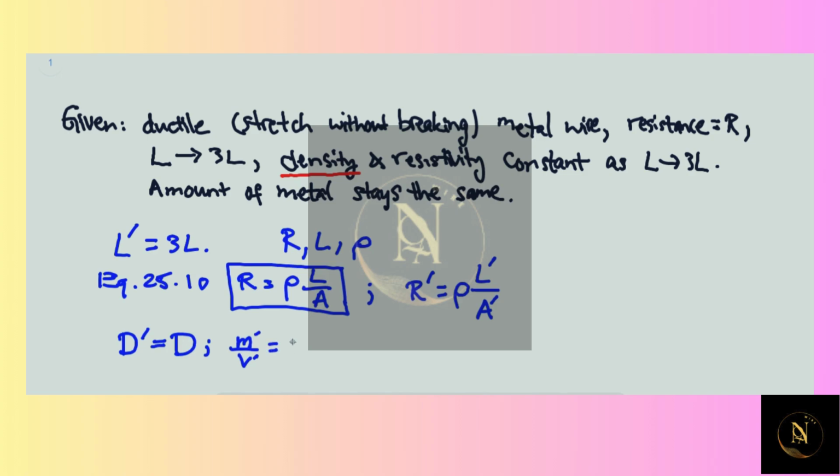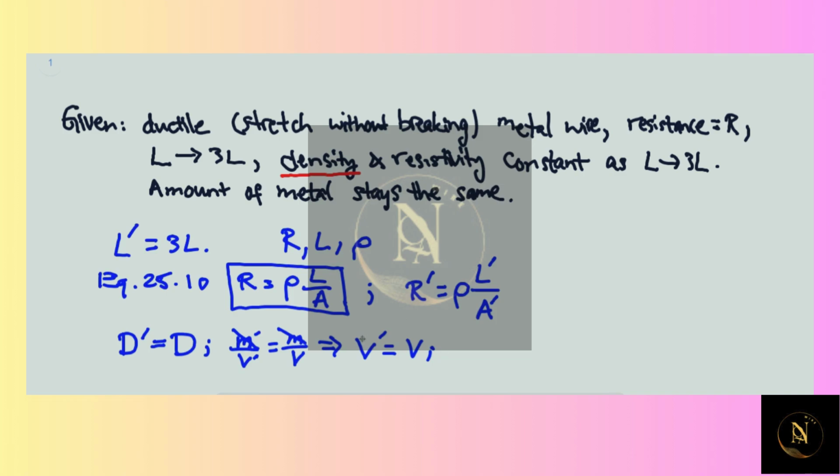Since the amount of metal is not changing, the mass stays the same, and this means that the volume also stays the same. So V prime equals V.